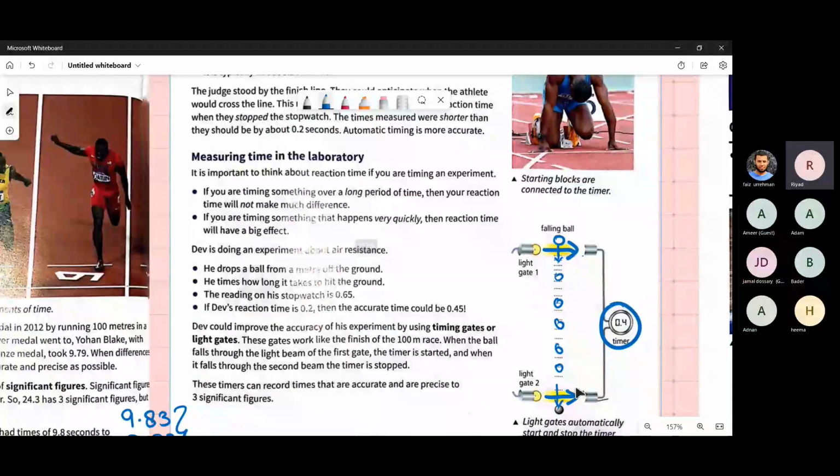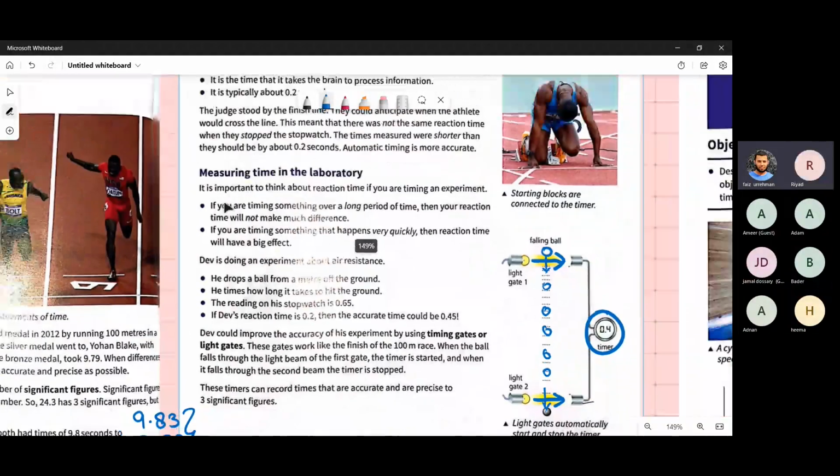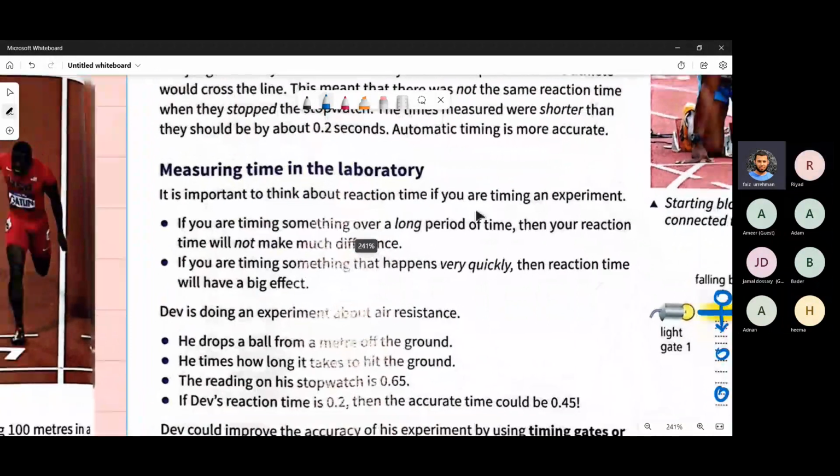Okay. So let's read some details as they are mentioned here. It is important to think about reaction time if you are timing an experiment. If you are timing something over a long period of time, then your reaction time will not make much difference. If we are taking a 2-hour race like a marathon or a 3-hour journey or 5-hour journey, 0.2 second is not a big deal for us.